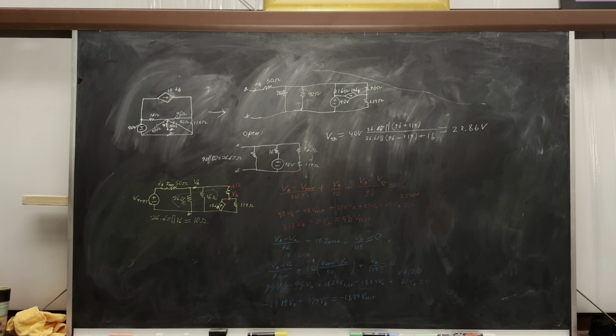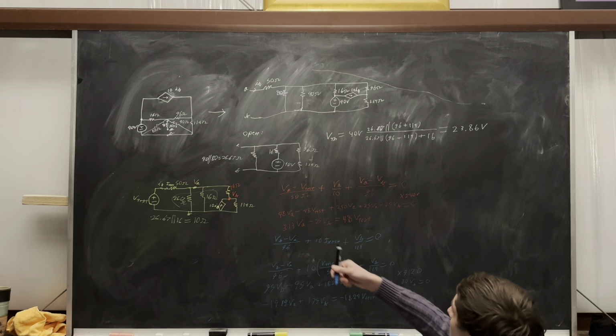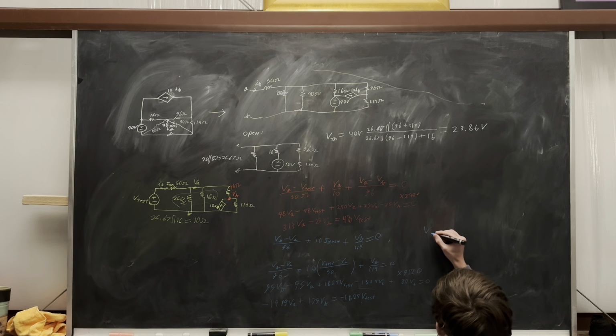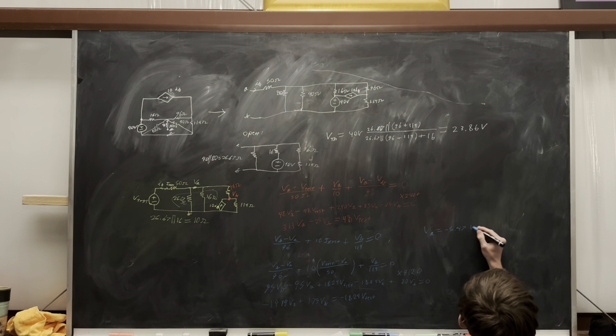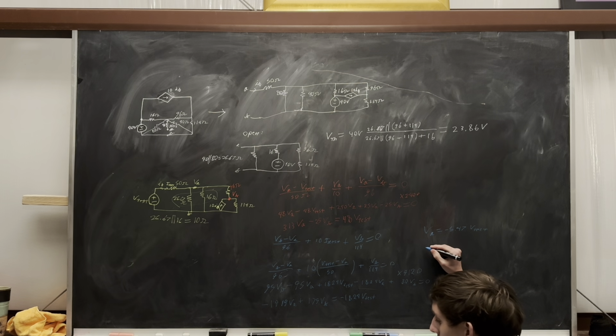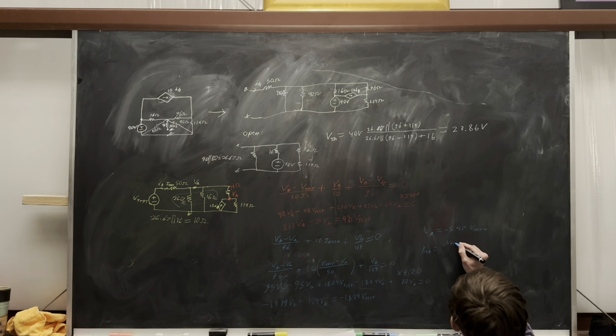So if you solve these equations, we'll ignore VB because it's not really that important. VA is minus 5.47 V test. We know that our Thevenin resistance is going to be V test over I test.